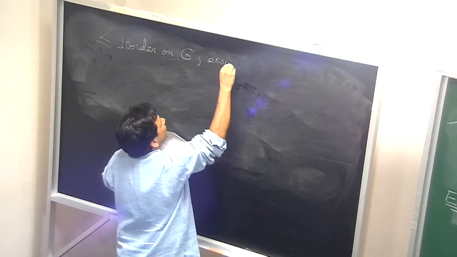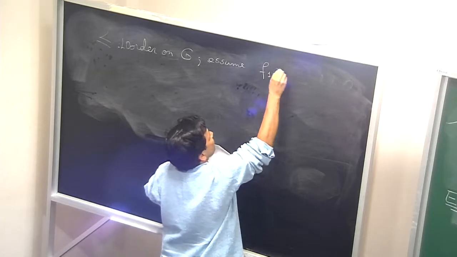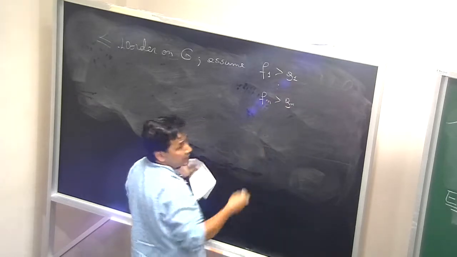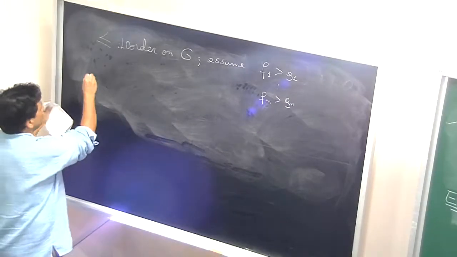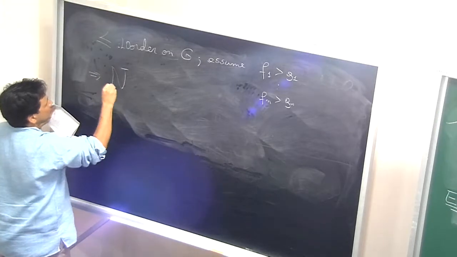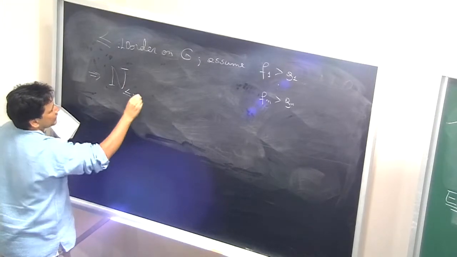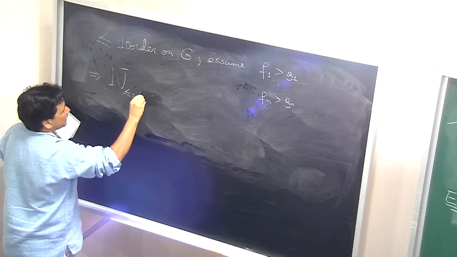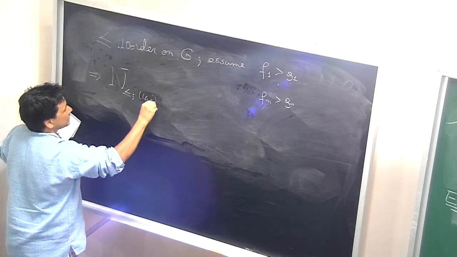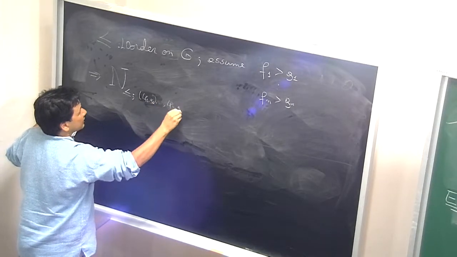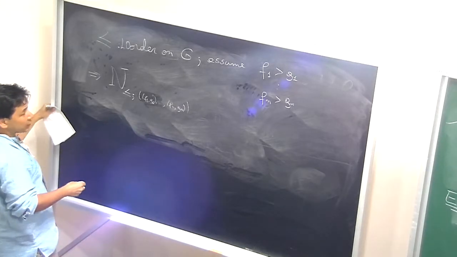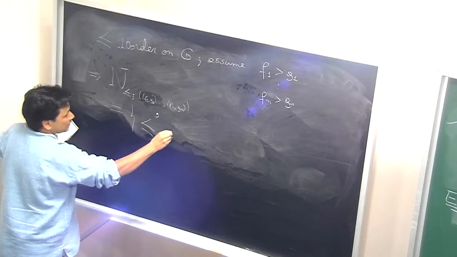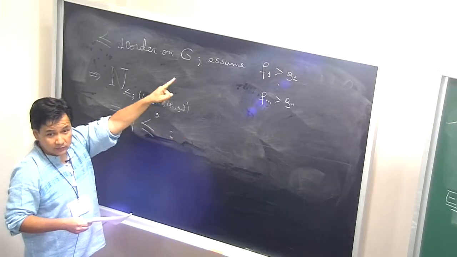So assume that f1 is larger than g1 and f2 is larger than g2, etc., fn is larger than gn. Okay? Then the neighborhood of this order associated to these elements f1, g1, so on, fn, gn, will be the set of all orders prime for which these inequalities are still satisfied.